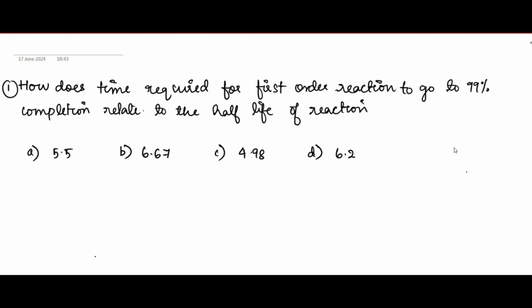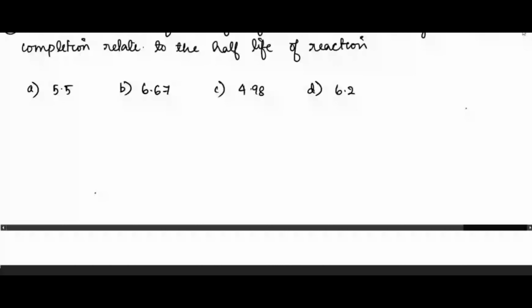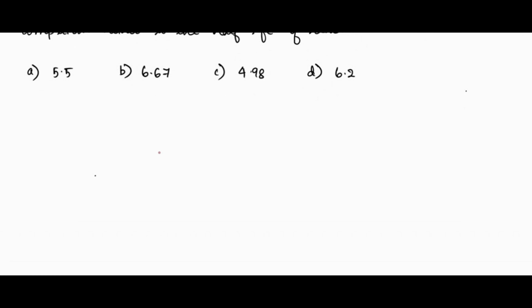How does the time required for a first order reaction to go to 99% completion relate to the half-life of the reaction? It is already given that it is first order kinetics, so the order is equal to 1.